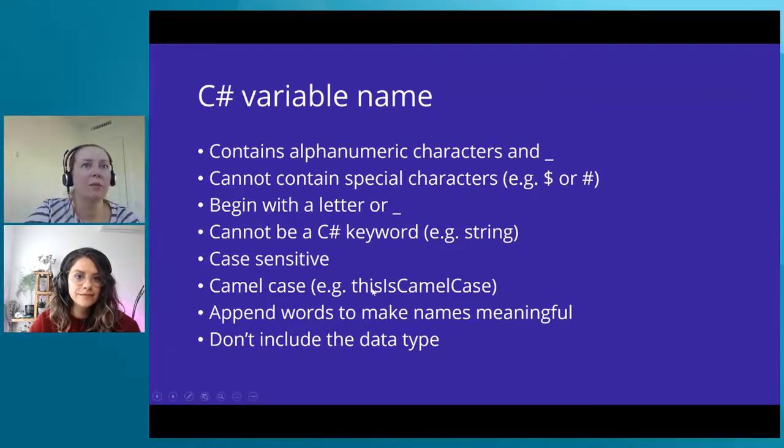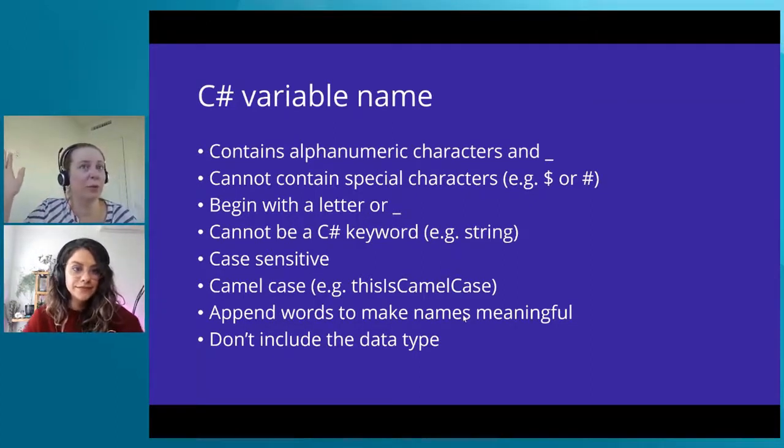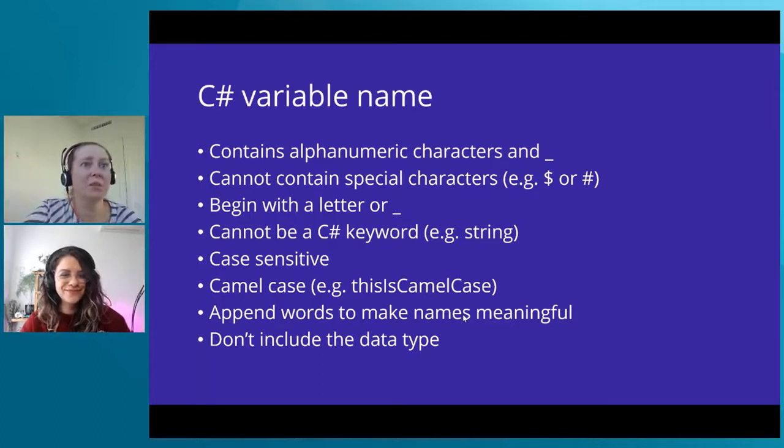It uses camel case, like we were talking about before between Pascal and camel. So variables start with lowercase letters, and then you append names to make it meaningful. You want to make that code readable for someone, even your future self will thank you if you give good names in your code.